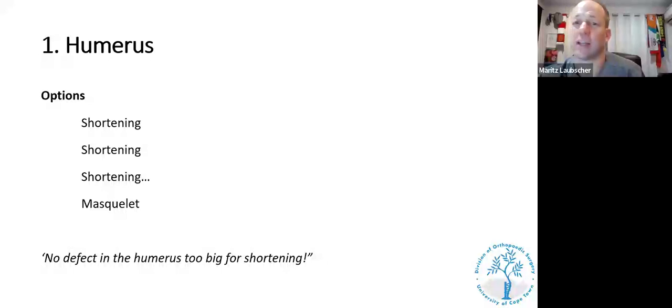I like to say that there's no defect in the humerus that's too big for shortening, and you can quote me there. Of course, you do lose some function in the sense that you lose the mechanical advantage of your muscle, so you're not going to match the other side in bicep curl weights, but these are severe cases, often mangled extremities, where the patient is just looking for some sort of function.